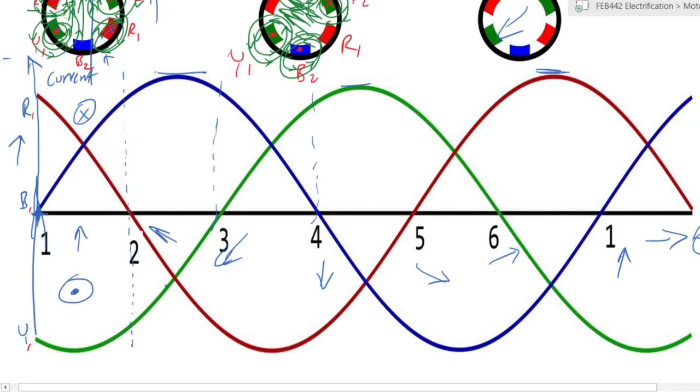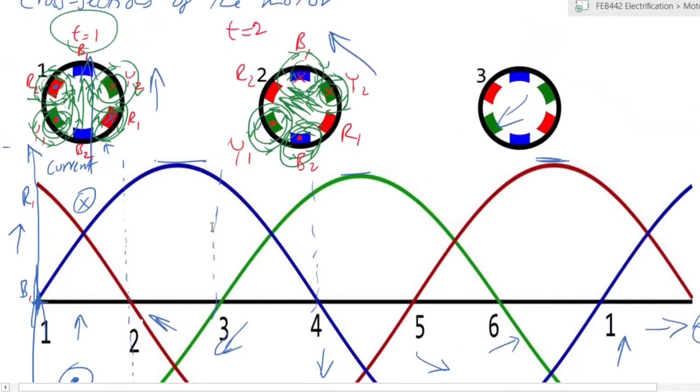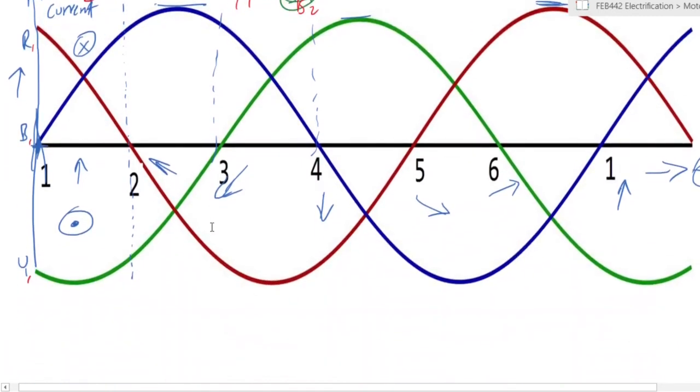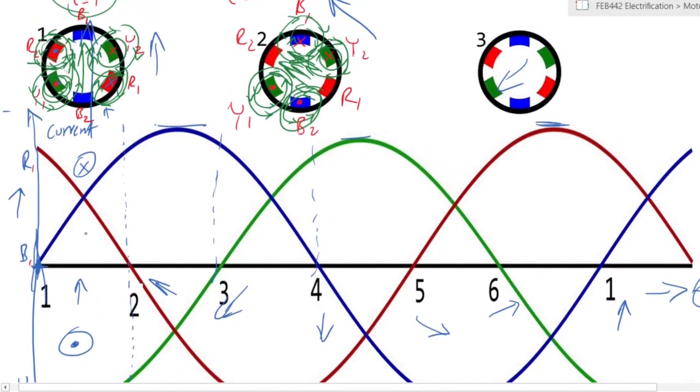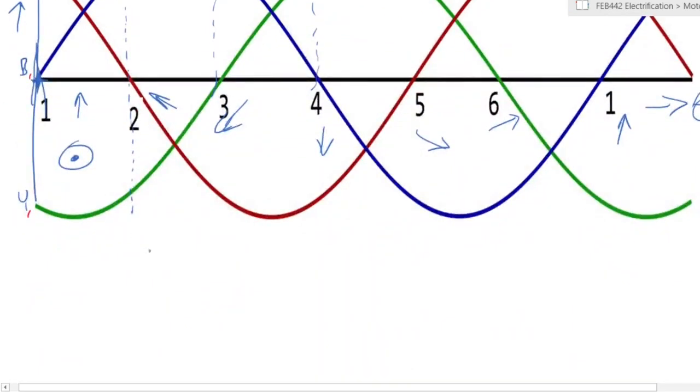So what this means is, as you move from one point to another, the resulting magnetic field inside the stator changes direction around the stator itself, right? So it's like you have a magnet mounted inside the space of the stator, that rotates around the space of the stator.